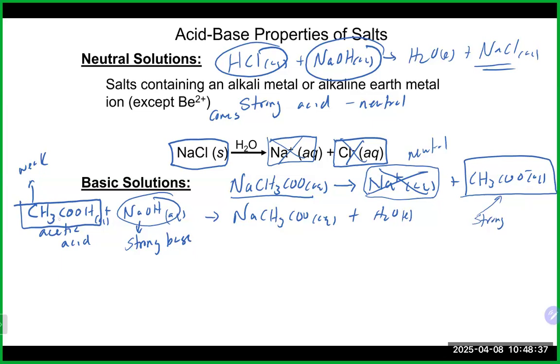Now, if it did come from this weak acid, that would mean that the acetate is actually its conjugate base. And that's an important thing to remember because when the acetate decides to react with water, it's going to react with water as a base.